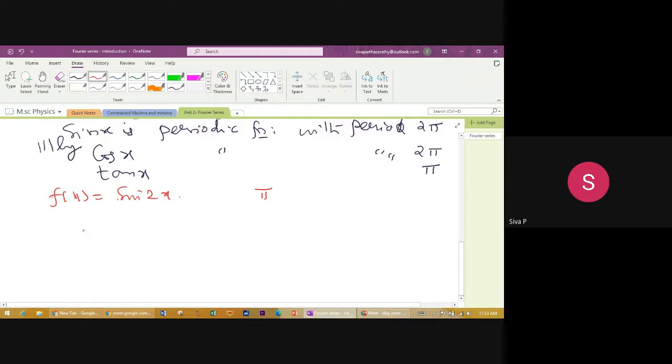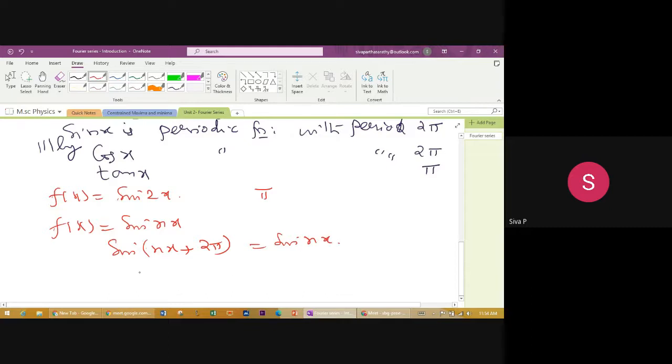For example, in case I am taking f of x equal to sin nx, so what is sin of nx plus 2 pi? That is equal to sin nx.